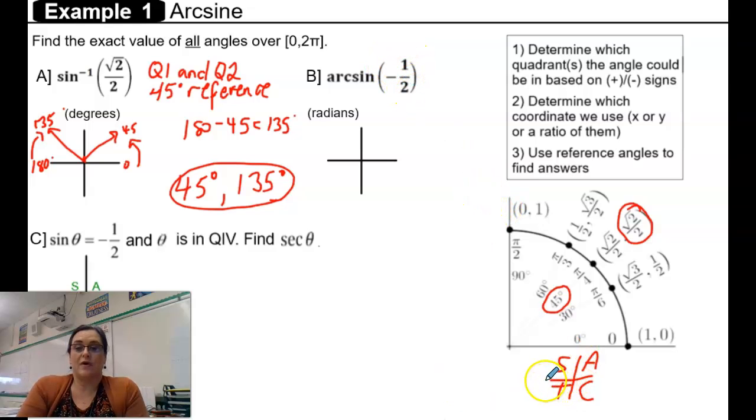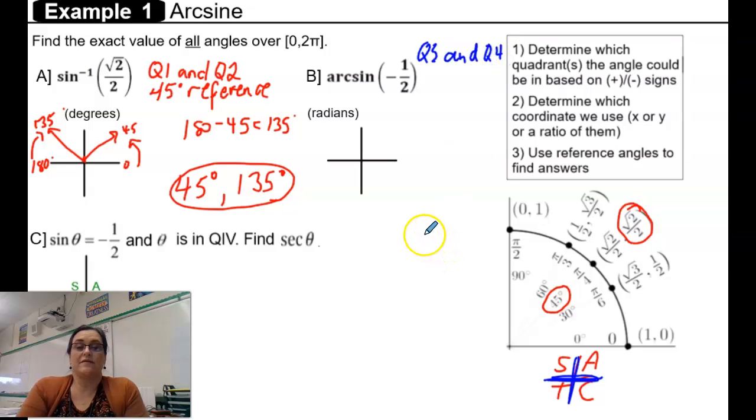So again, to our acronym here, all students take calculus. This time we're looking for the quadrants where the sine is negative, which would be the third and fourth quadrants. Tangent is positive in the third quadrant, cosine is positive in the fourth, so sine is negative in quadrants 3 and 4.